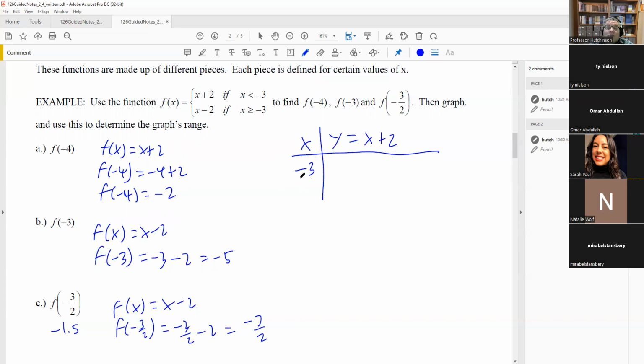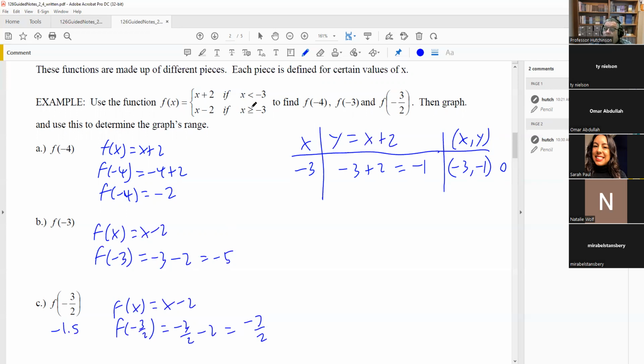However, what's going to happen is on the graph, that's going to show up as an open circle. Okay, so let's put that in there. -3 plus 2 is equal to -1, which means that at my xy here, I'm going to have -3 and -1. And this right here, I'm just going to go ahead and put a little open circle. That's an open circle symbol, just to remind me that when I graph it, or plot that point, it's going to show up as an open circle.